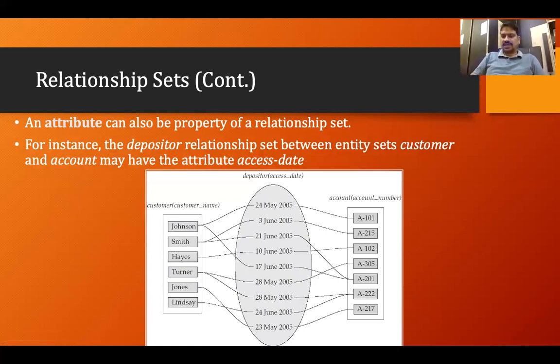So here I want to tell you this, that there are entities. Similar types of entities are called an entity set, and every entity will have some properties which are called attributes. One entity will be associated with another entity with some relation, that is called a relationship set.